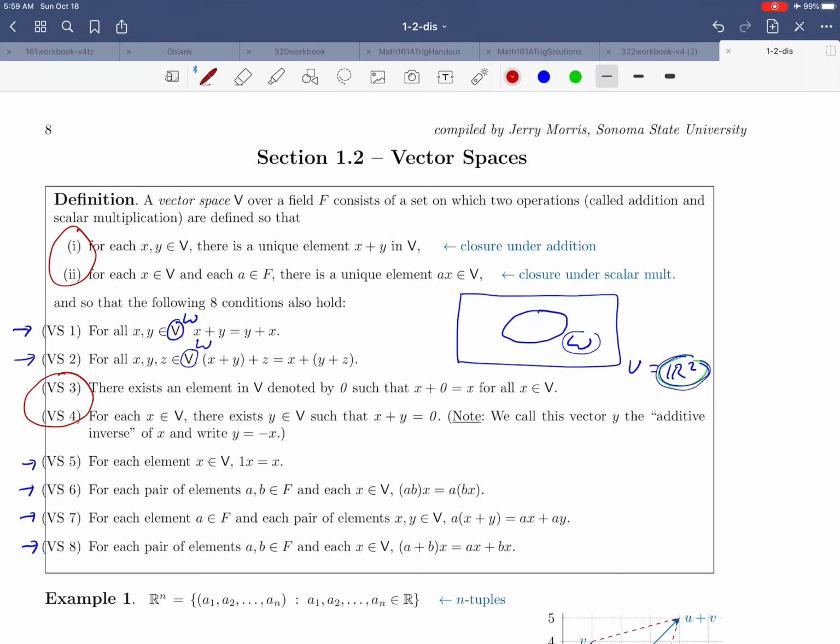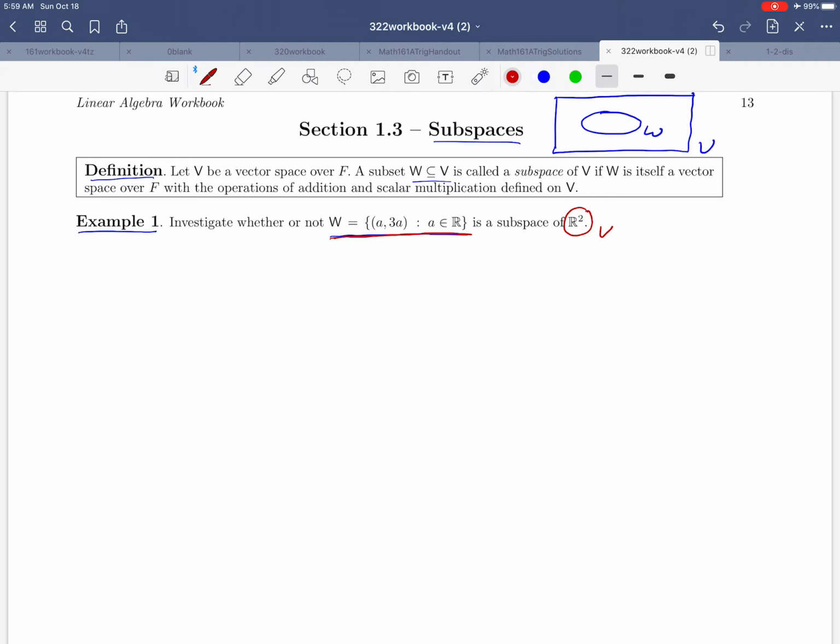Okay, so back to the previous page, let's see if we can do that. Let's start with the observation that we made from the previous page that some of the properties on the list of a vector space are inherited.